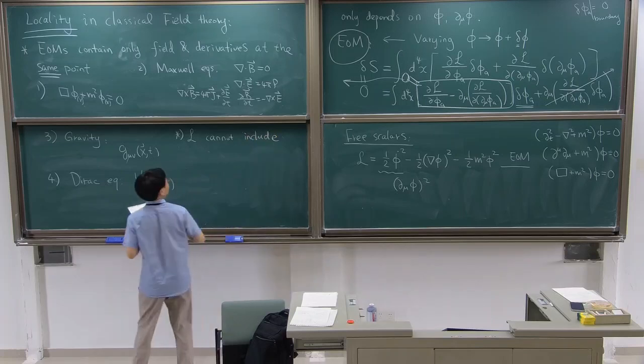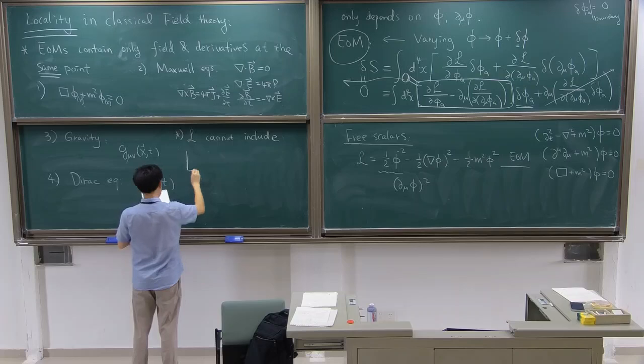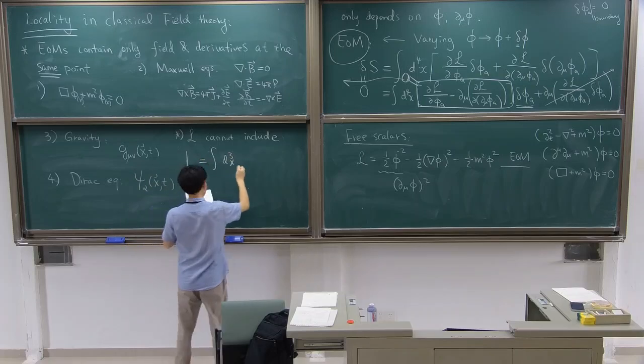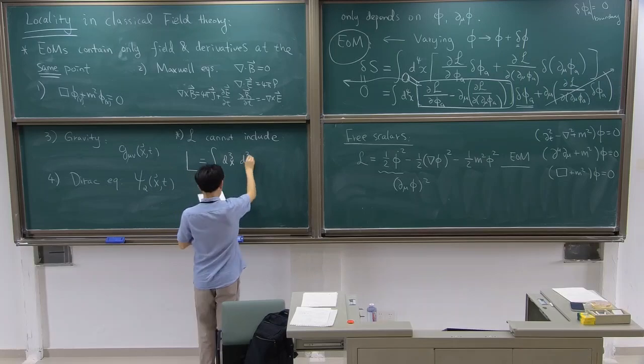For instance, locality forbids such terms from appearing in the Lagrangian, something that looks like a double integral.